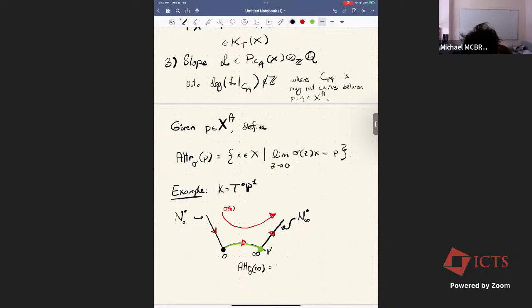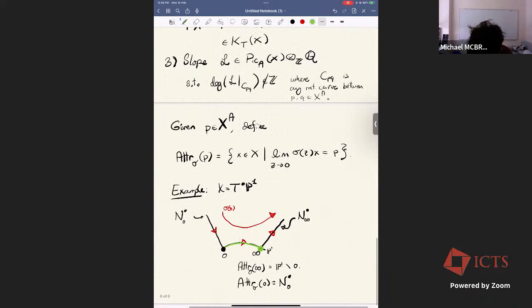On the other hand, the attracting set of 0 is going to be the conormal bundle to 0. So we see that one of these is closed, the other is not. They're both Lagrangians inside X, which is automatic because we start with a Hamiltonian torus. And they suggest an order relation among the fixed points, where infinity will be bigger than 0 with respect to this order.